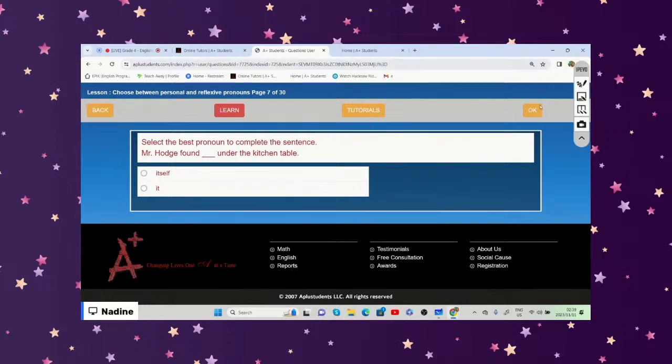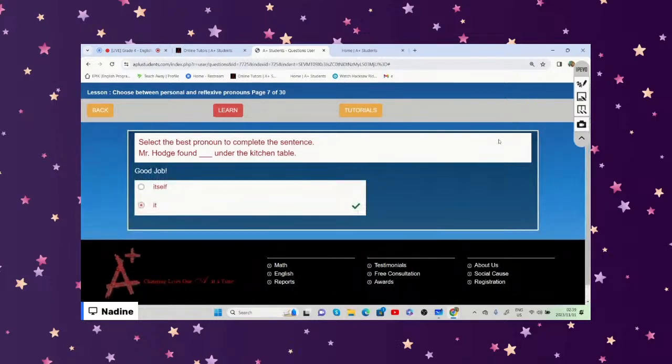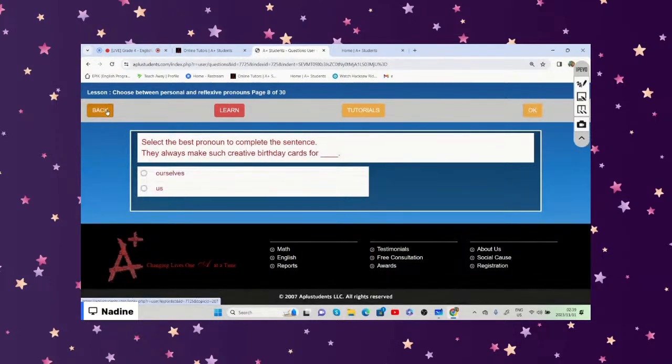Remember, we said reflexive pronouns that either end in self or selves, they refer to the subject, right? If it's not referred to the subject, then it is a personal pronoun. So then we can say Mr. Hodge found it under the kitchen table. And it is correct. Great job.